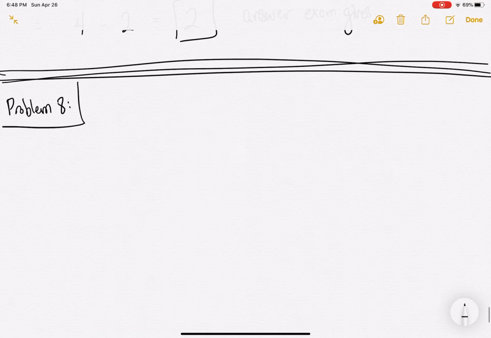Okay, so we want to maximize happiness. Bam. This is an optimization problem.